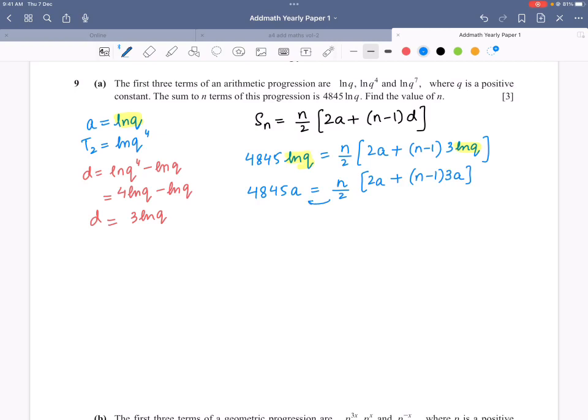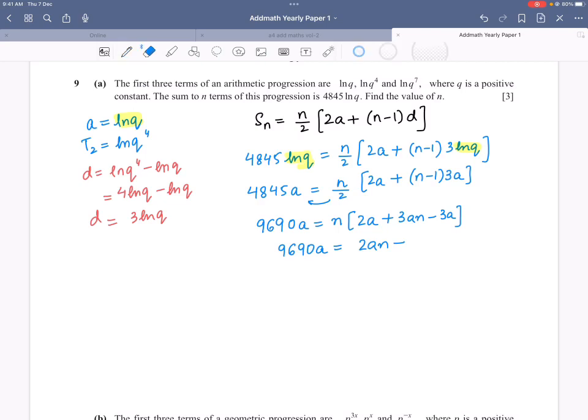So you need to multiply 2 on the left side. So 2 multiplied by 4845, it will be 9690. 9690a is equal to n, it's 2a plus 3an minus 3a after multiplication. 9690a is equal to... sorry, we can simplify these two. 2a and 3a can be simplified to minus a, plus 3an, and outside the bracket we have a.